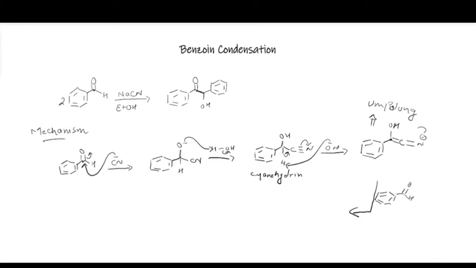So this anion collapses back, forming the nitrile group, which shifts this electron density towards the carbon, and then that carbon attacks the carbonyl carbon of the second benzaldehyde molecule. So what we have now as a result is the formation of this species here.